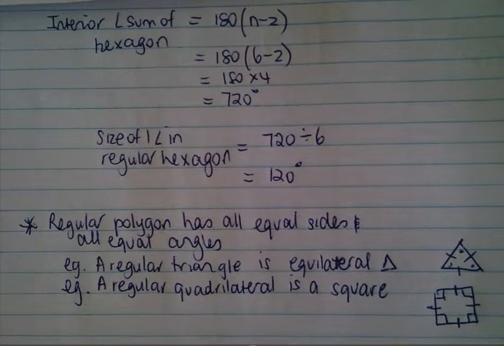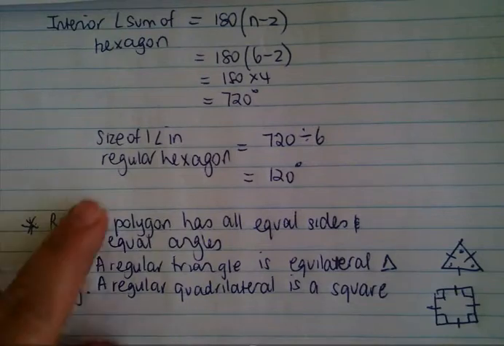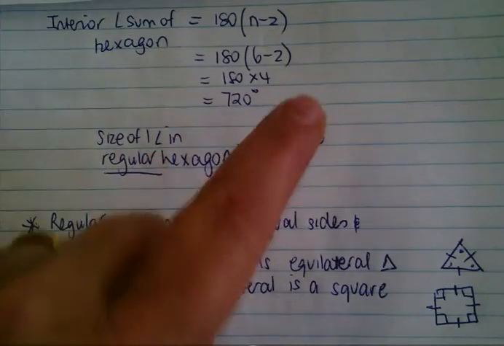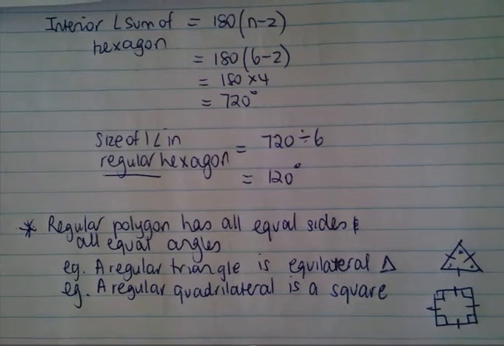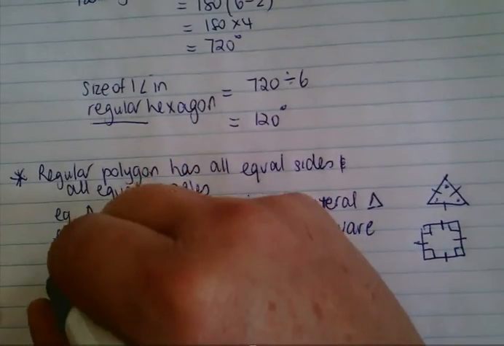So the only way you can find the size of one angle in a regular hexagon is to divide by 6. Now, some people like to use the formula straight away, and there is a formula, but I prefer to keep the formulas separate. It's 180(n minus 2) divided by n. Please don't confuse it.